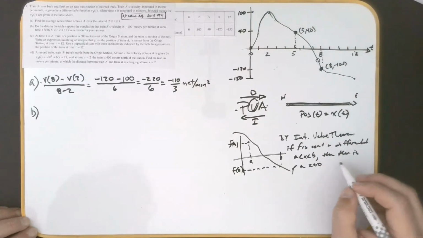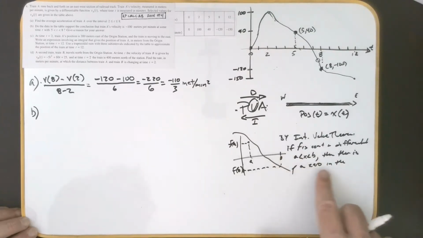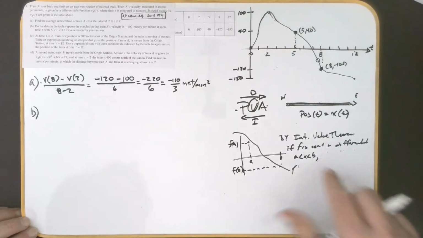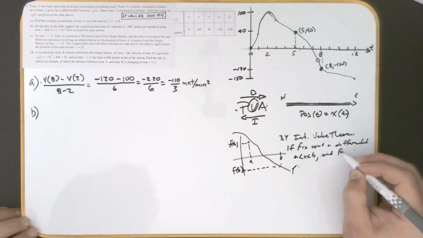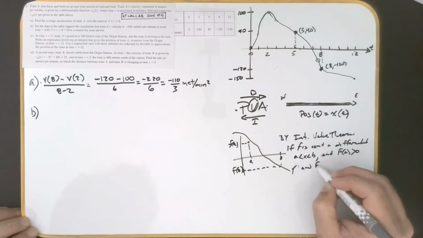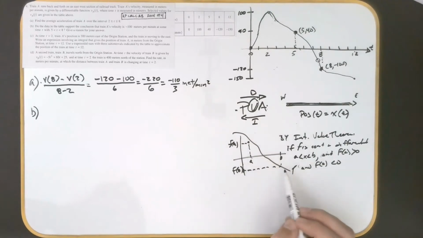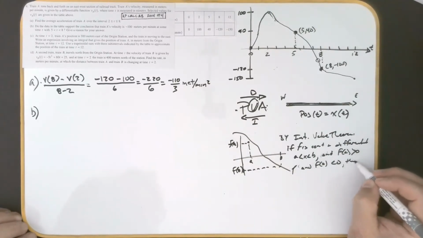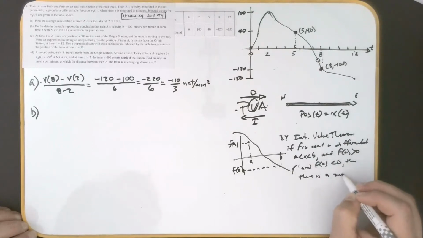There is a 0 in the interval by the intermediate value theorem, if f is continuous and differentiable, and f of a is positive, and f of b is negative. That's the key right there. If we have one positive y value and one negative y value, then there is a 0 in the interval.